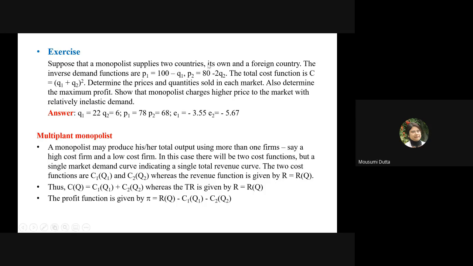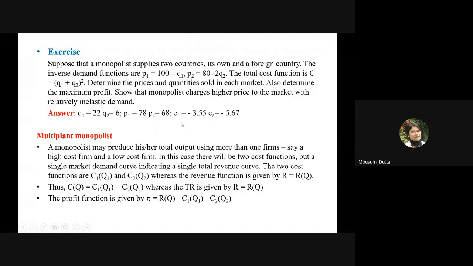If you look at the solution, price in market 1 is 78, a higher price. The absolute elasticity is lesser, only 3.55. Here the price is lesser and elasticity is higher. So lower the elasticity, higher the price. Inelastic the demand, higher will be the price, or higher the price, more inelastic will be demand. That we will be able to prove.